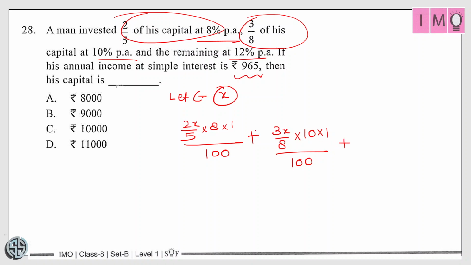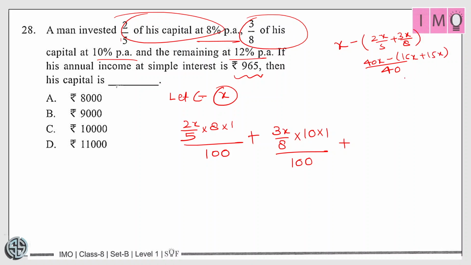Now the remaining amount will be equal to, since the total is X, and first you have removed 2 upon 5 of the capital, that is 2x upon 5, and also 3x upon 8. So when you find the LCM, 5 8s are 40, so it will be 40x, minus 5 8s are 8 2s are 16, and 8 5 3s are 15.